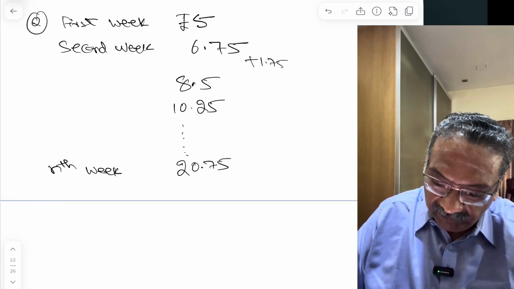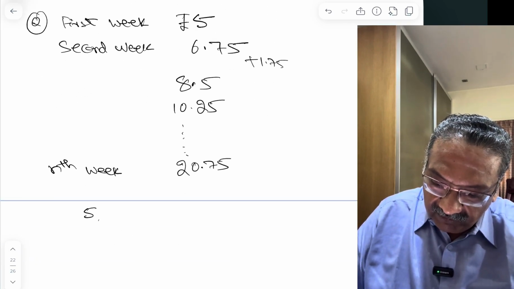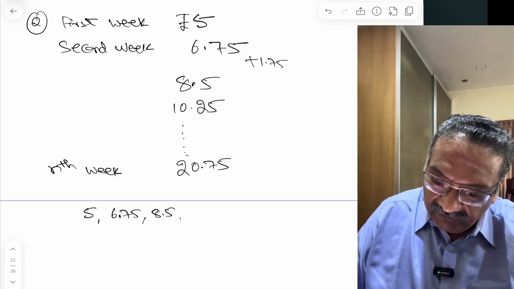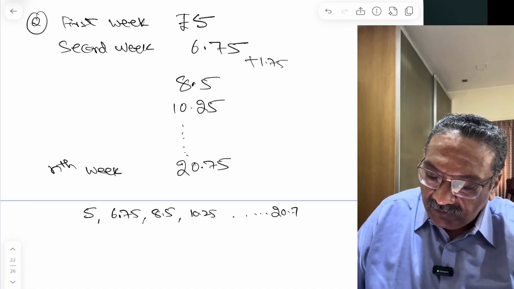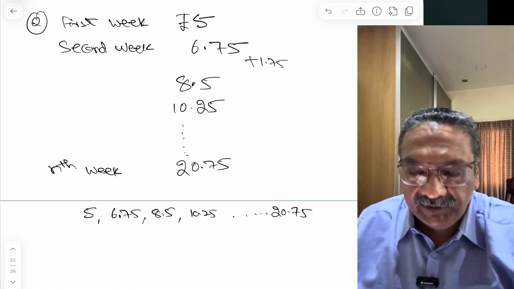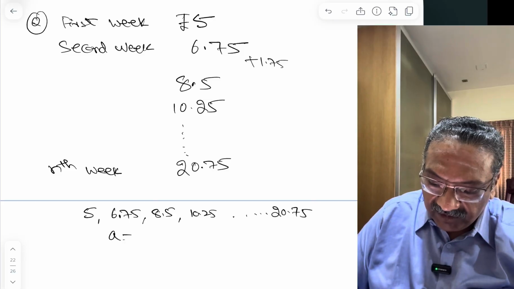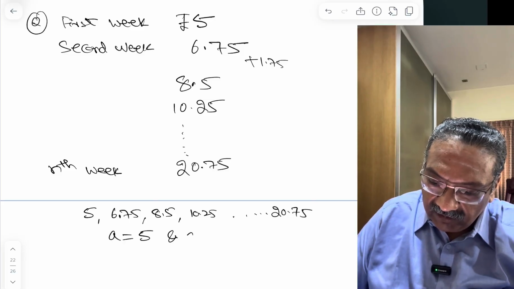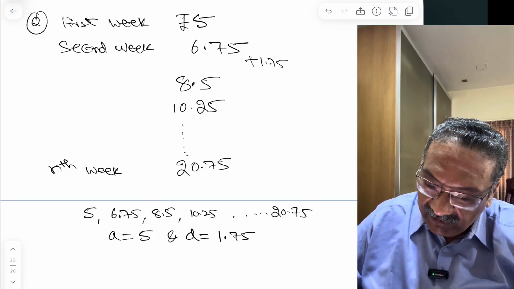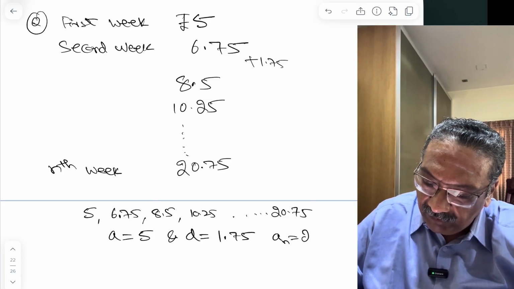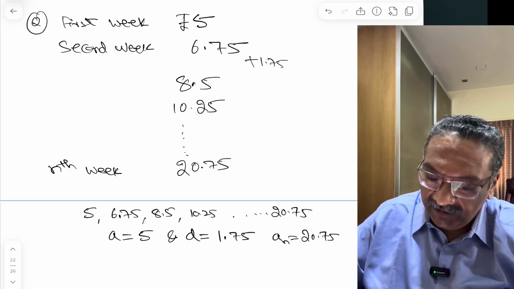It is also very simple. Here 5, 6.75, 8.5, 10.25, in the same way it goes on to become 20.75. This is an arithmetic progression with the first term being 5 and the common difference being 1.75. An is given to be 20.75 and we have to find n.